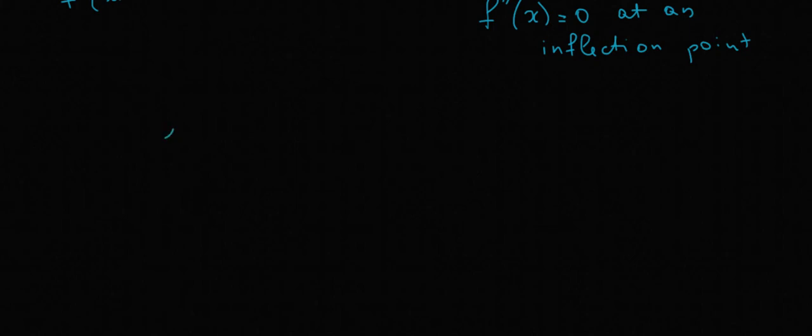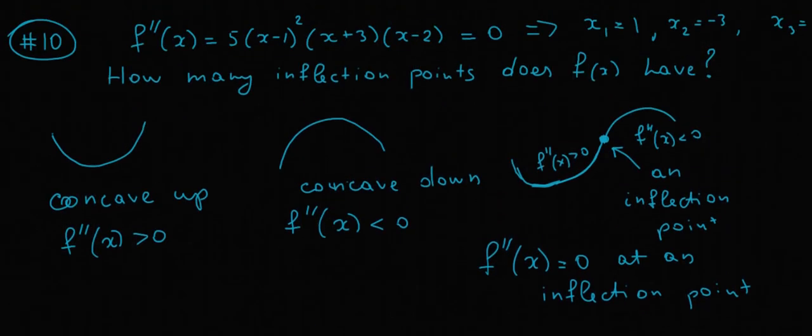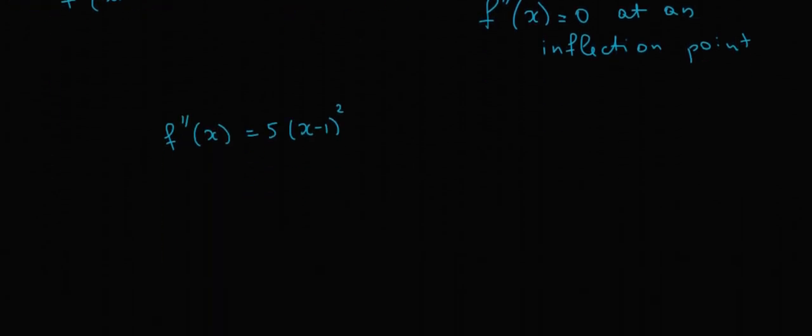So f double prime of x equals 5 times (x minus 1) squared, and then we have (x plus 3) times (x minus 2).